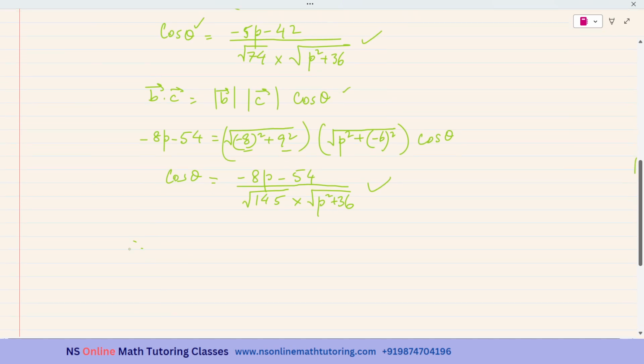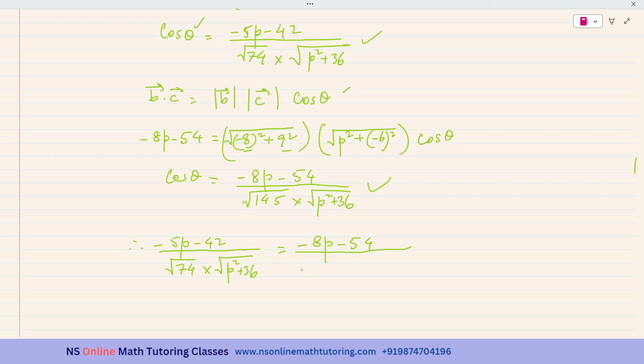Therefore, minus 5p minus 42 over square root of 74 times square root of p squared plus 36 is equal to minus 8p minus 54 over square root of 145 times square root of p squared plus 36.